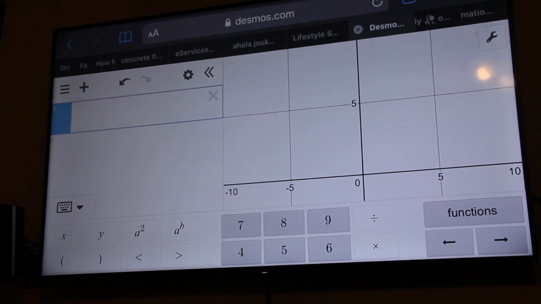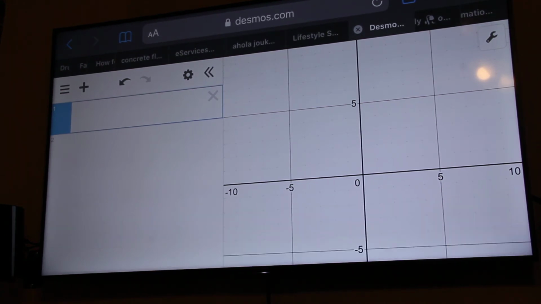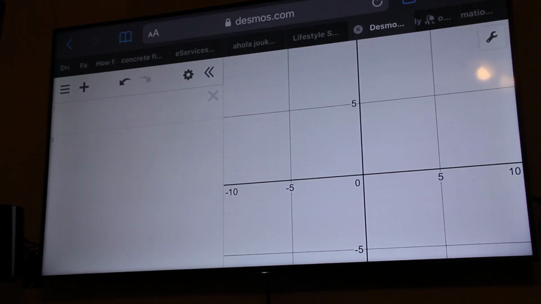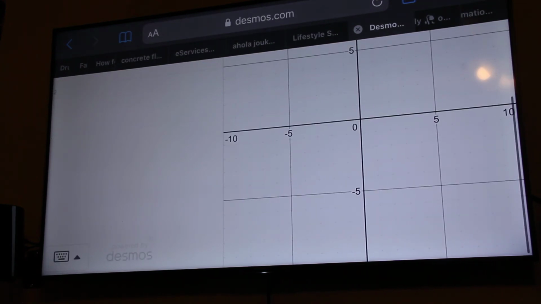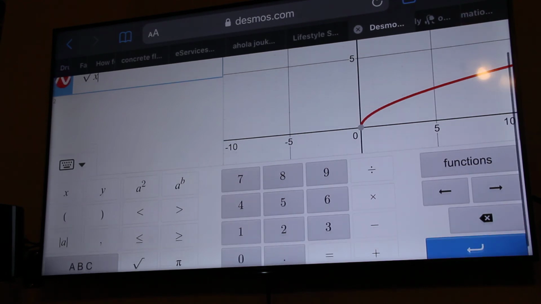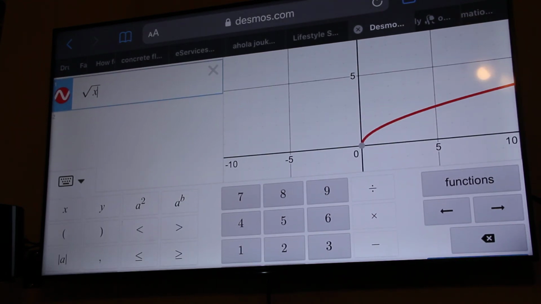So if I want to graph this function, let's say I do the square root of x, for example here, that's my function, square root of x.